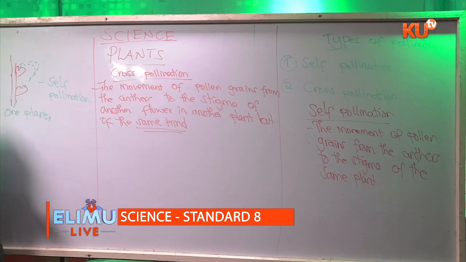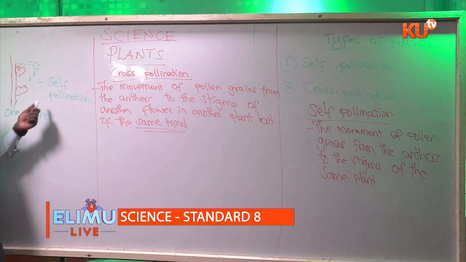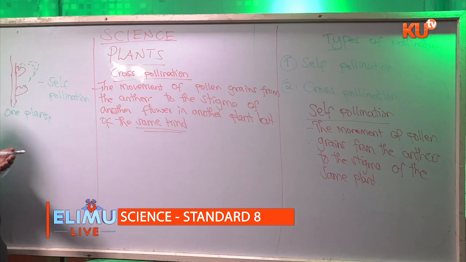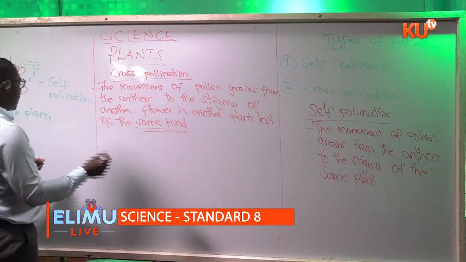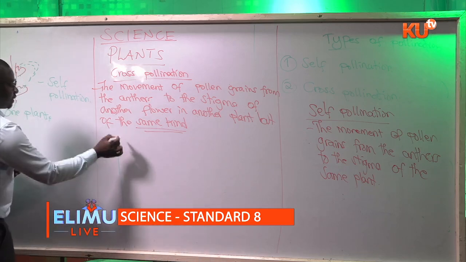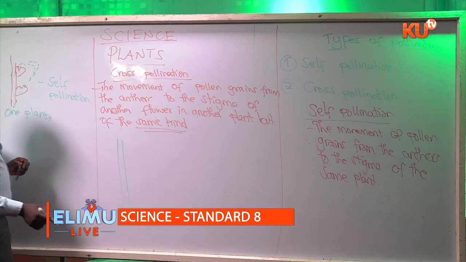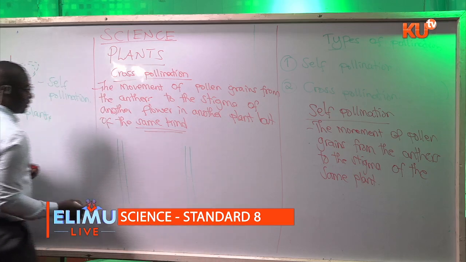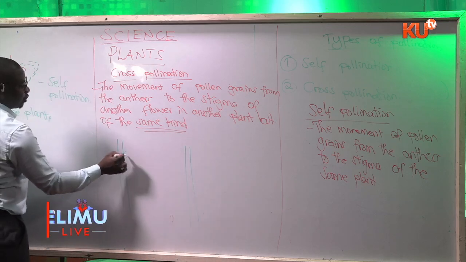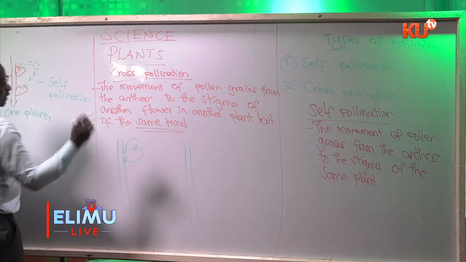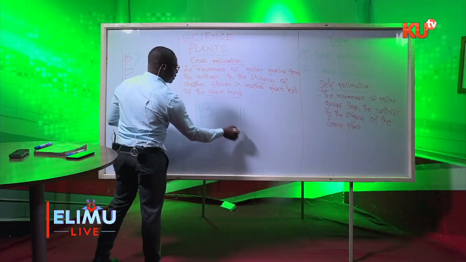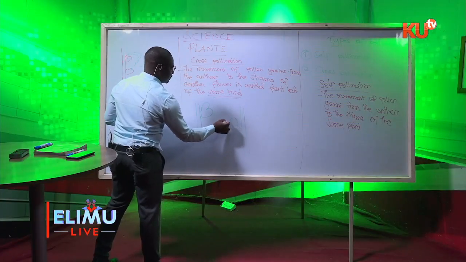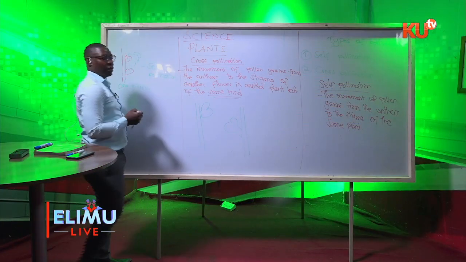So in cross-pollination, we are going to have two plants involved, unlike self-pollination. That will be plant number 1, and that will be plant number 2. We can have an example showing a flower, and another example showing a flower.